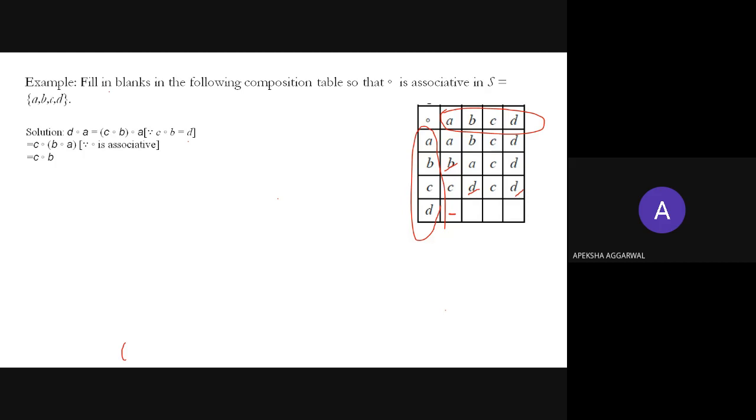COB। COB कौन सा है? 4th रो एंड 3rd कॉलम। क्या है वैल्यू COB की? D। क्लियर है? अब क्लियर है?